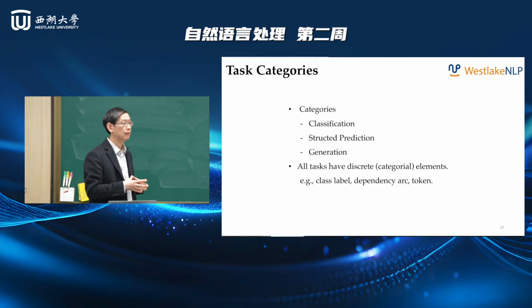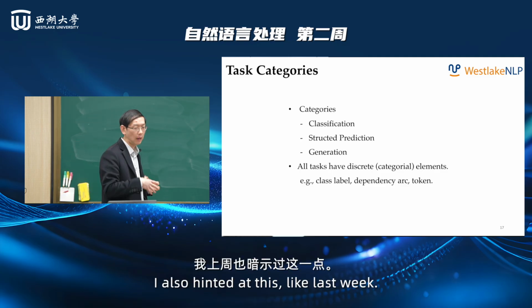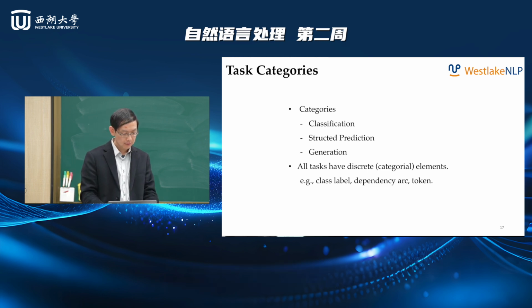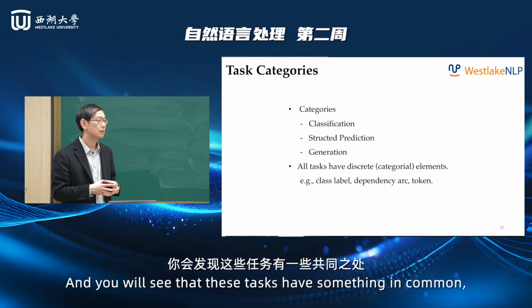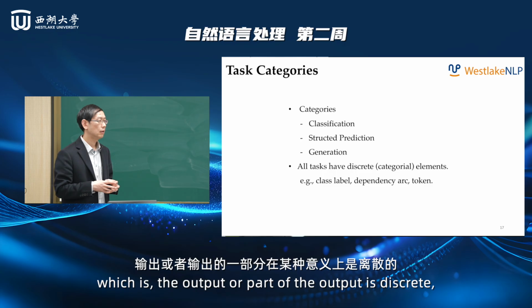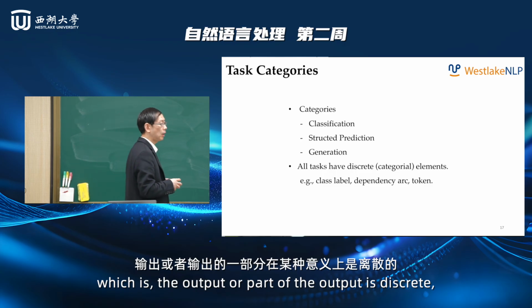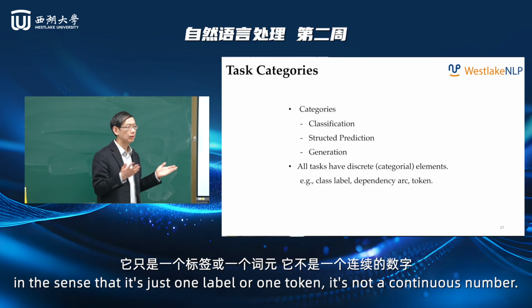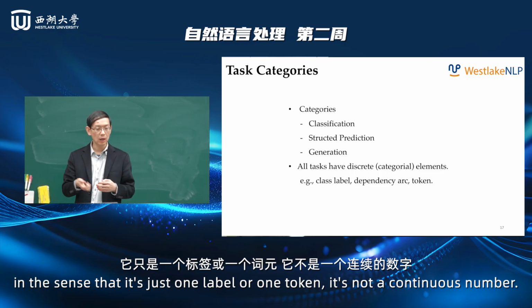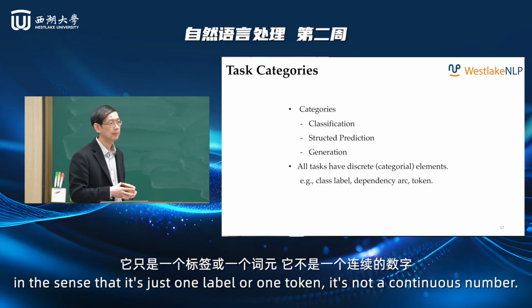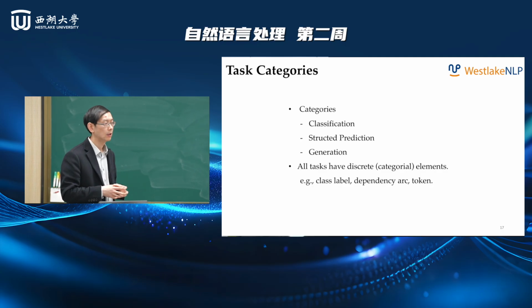I also hinted at this last week. You will see that these tasks have something in common, which is that the output or part of the output is discrete, in the sense that it's just one label or one token. It's not a continuous number.